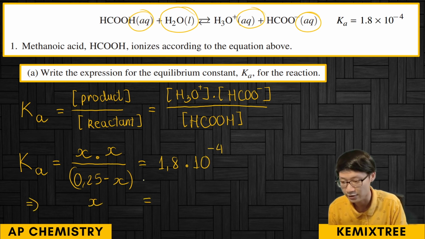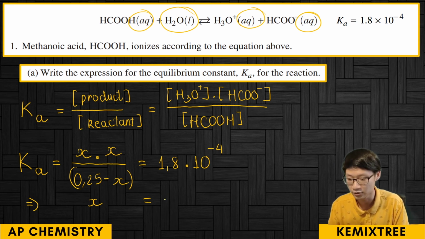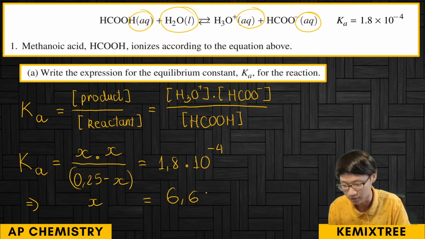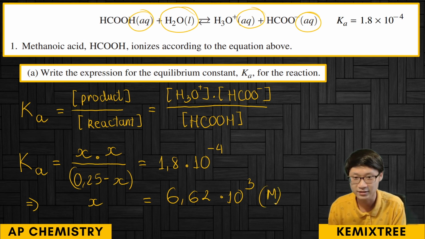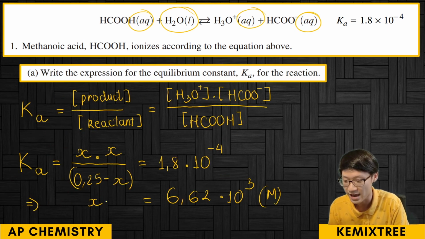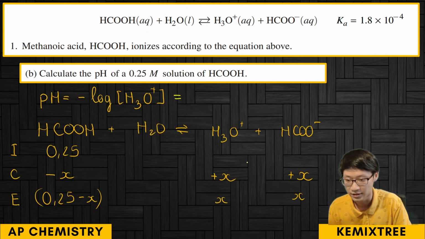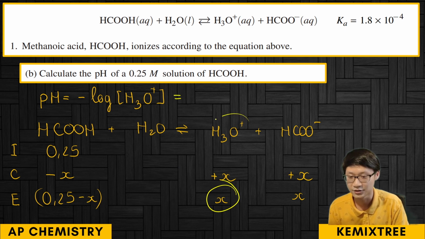At the final calculation, we have the value of X. X is equal to 6.612 times 10 to the power of negative 3, and the value of X stands for the concentration of hydronium ion.